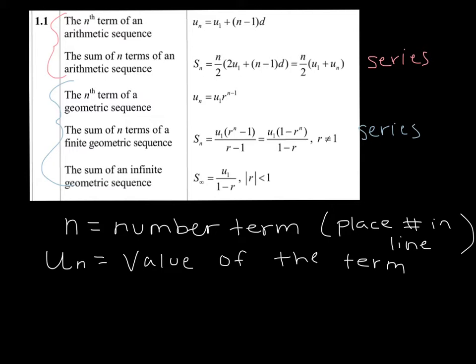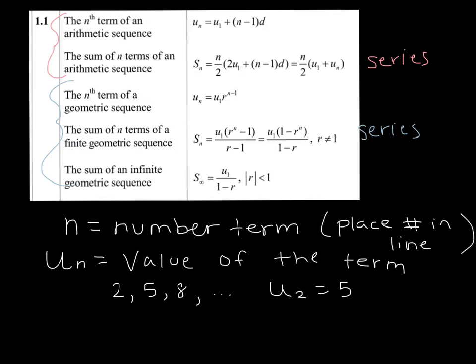So, for example, if we have a sequence that goes, let's say 2, 5, 8, and so on, U sub 2 would equal 5 because the second place in line is 5.